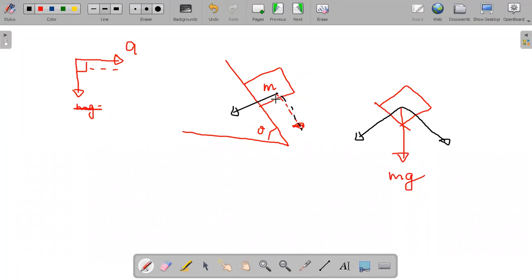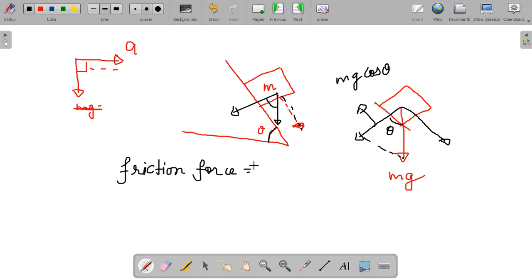If this is angle theta, this angle will also be theta. If you see the triangle, if this is mg, using the triangle law, this force will be mg cos theta. So in this case, what is the friction force? Friction force is mu mg cos theta.